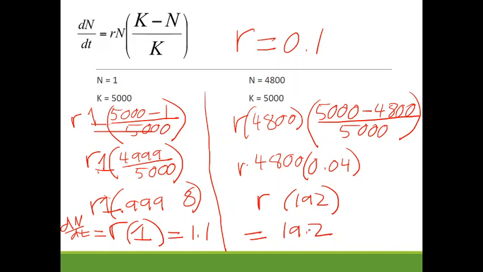We should expect a whole lot more, 480 individuals, if there was no effect of competition at this carrying capacity. Even though this 19.2 is bigger than this 1.1, proportionally the population is growing much, much smaller.